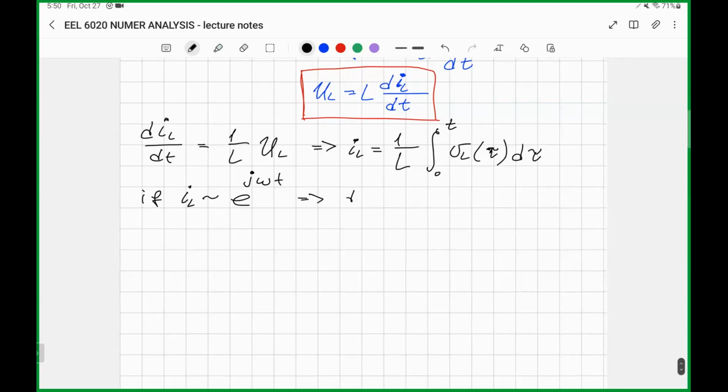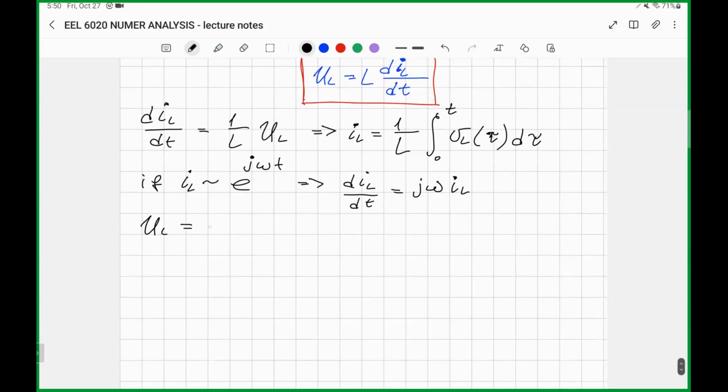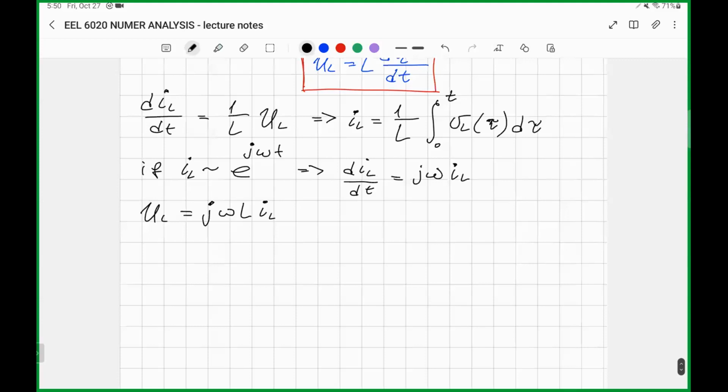So then the time derivative of current is going to be J omega times the current. And hence the voltage drop across the inductor is given by J omega L times the current. So this is the formula that connects the voltage drop and current through the coil, and it reminds us of Ohm's law.